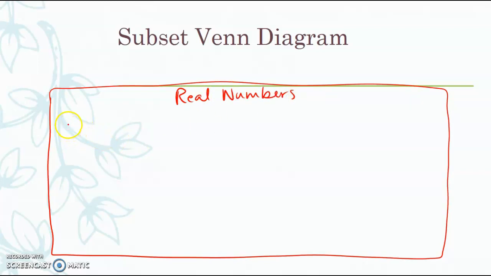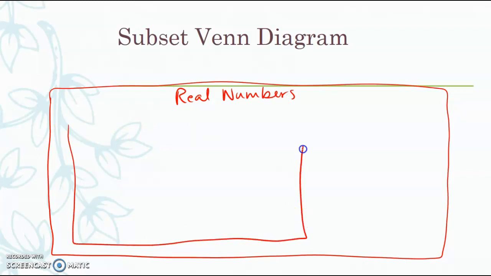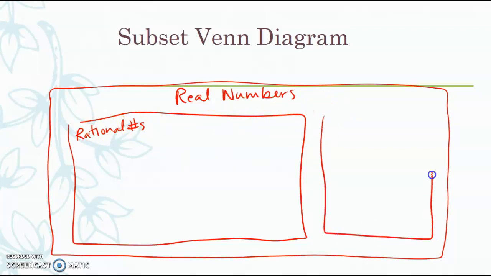And inside our real numbers is another fairly big box that we're going to call our rational numbers. And outside of that rational number box, we're going to have another box. That's going to be our irrational numbers.